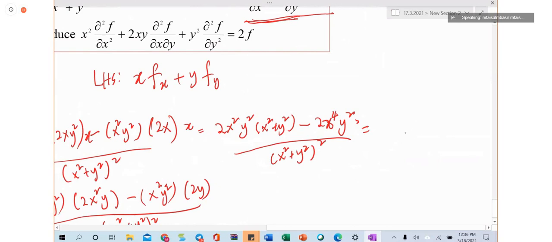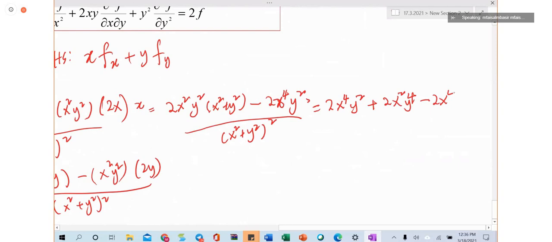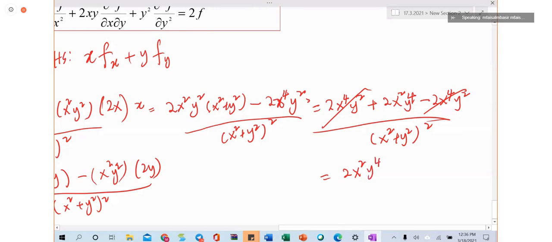It's 2x to the power 4 y to the power 4 plus 2x to the power 2 y to the power 4 plus 2x to the power 4 y to the power 2 over x squared plus y squared. I think this can cancel. So what do you get now? 2x power 2 y power 4 over x squared plus y squared.